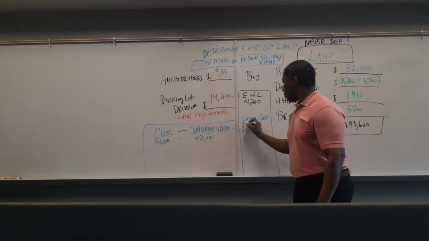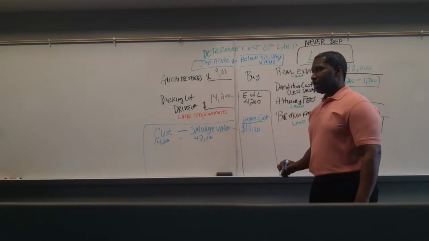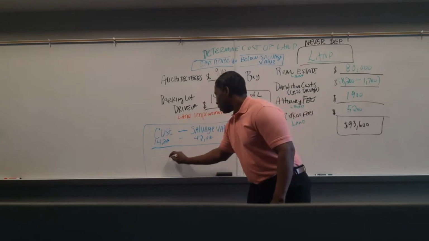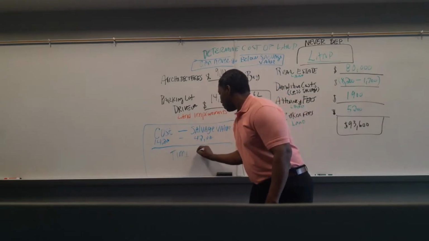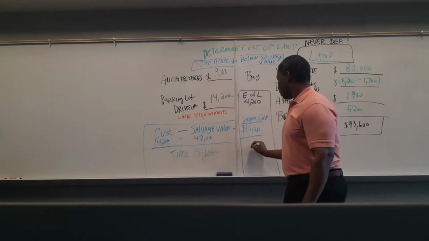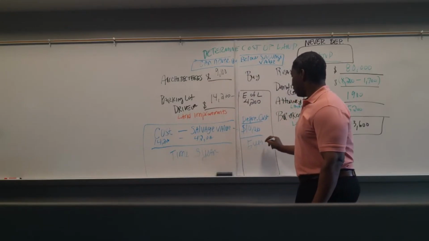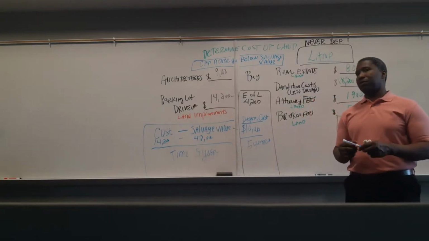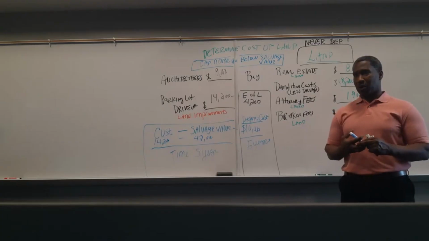So the depreciable cost is $10,000. And that's what we can divide over time, which in this case we'll use 5 years. If it's 5 years, it's 5 years. And that will give you $2,000 a year. If it was 10 years, it would give you $1,000 a year, and so on.